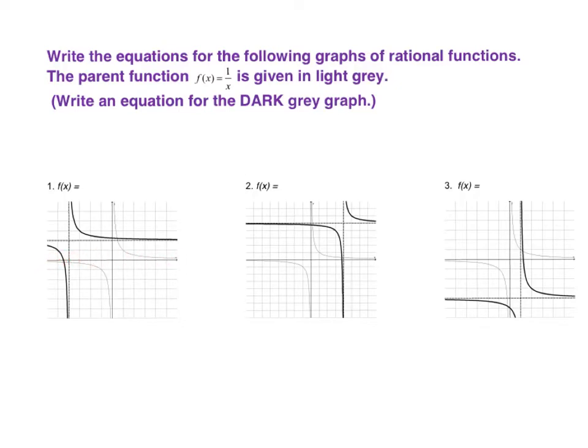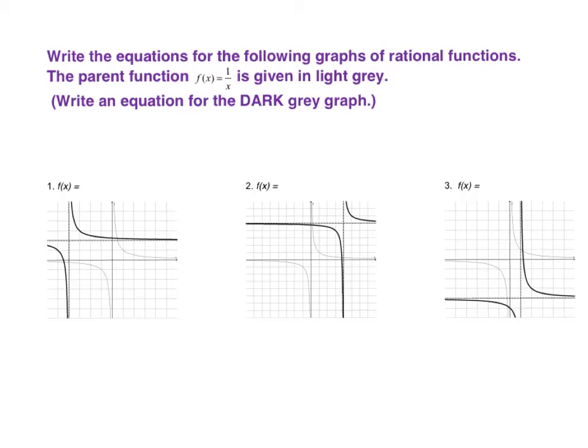Now, for the parent rational function, the asymptotes have a center, or they intersect at 0, 0. That is why in the parent function, you do not see plus an h value or plus a k value. So now looking back at this first graph, we see that our asymptotes intersect each other at 0, 0.